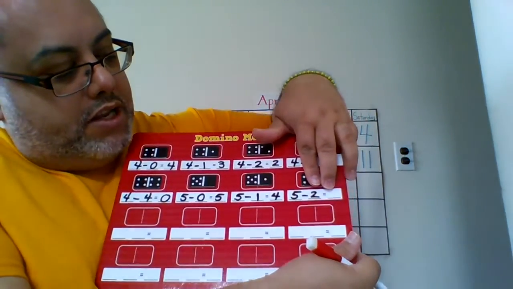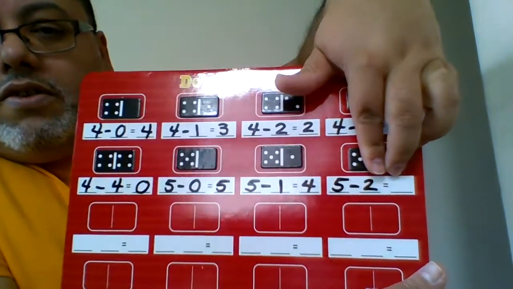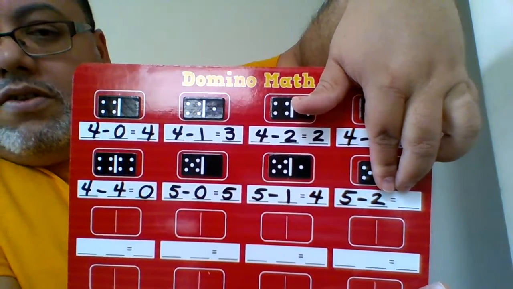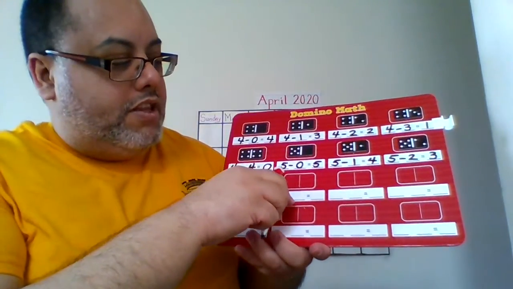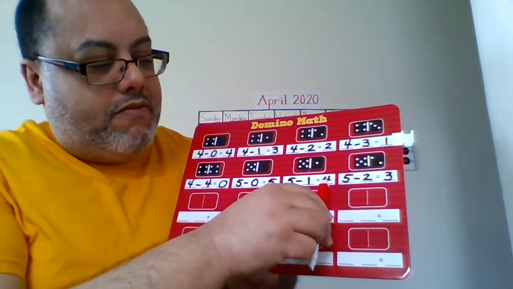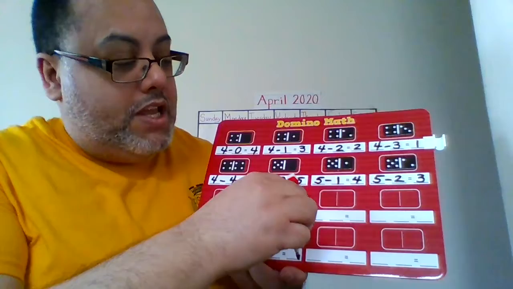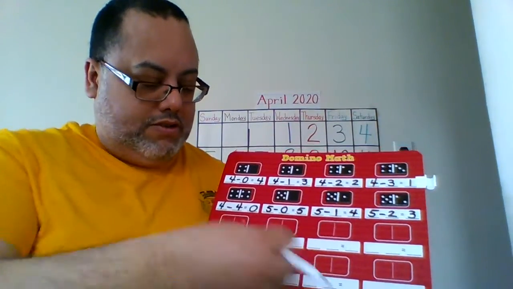And how many do I have left right here where my finger is? 3. Again, 5 minus 0 equals 5. So 5, 4, 3. We're doing a pattern counting backwards. 5, 4, 3. Yes, it is 2. Correct.